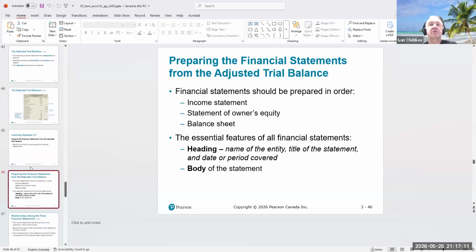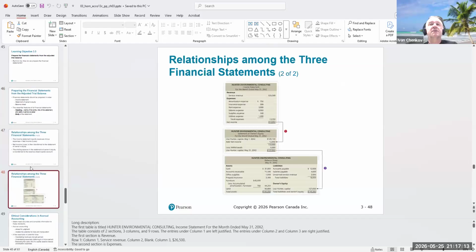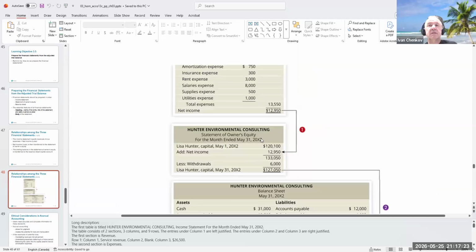Once we have this adjusted trial balance, now we can start preparing the statements the way we saw it today. First, we're going to start with the income statement, and we're going to see the links between the statements.